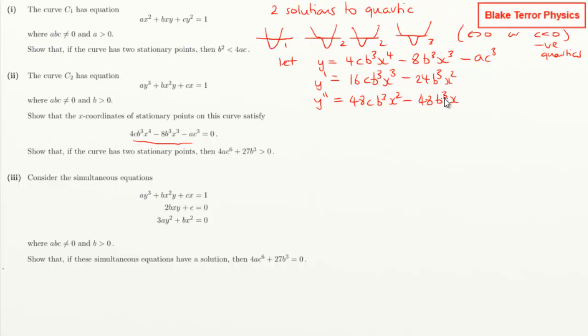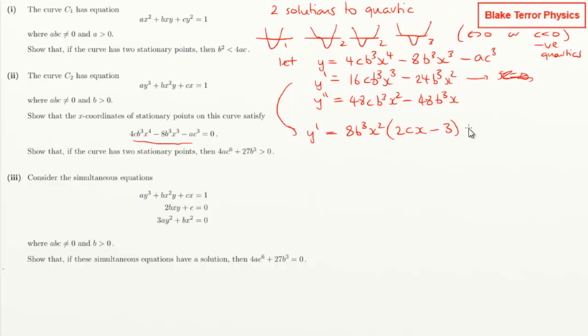Okay, so how many turning points have I got? I'm probably going to have 2 here by the look of it. So I've got x equals 0 is a turning point, and okay, let's write this out down here again. So y dash is going to be, let's take out an 8, let's take out a b cubed, let's take out an x squared. So I've got all of that, and then I've got a 2, a c, and an x, and then I've got a 3.